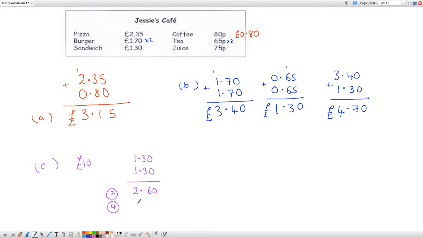What about for 4 sandwiches? Doubling that, £2.60 plus £2.60 will be £5.20. Okay. What about for 6? She's got her price for 4 plus another 2. So for 6, we have £7.80.